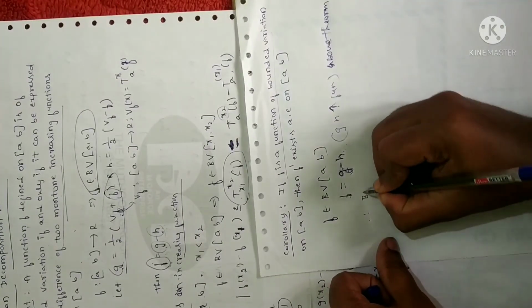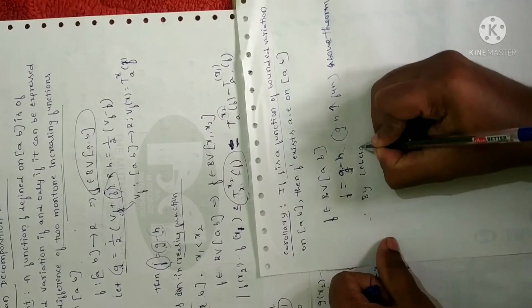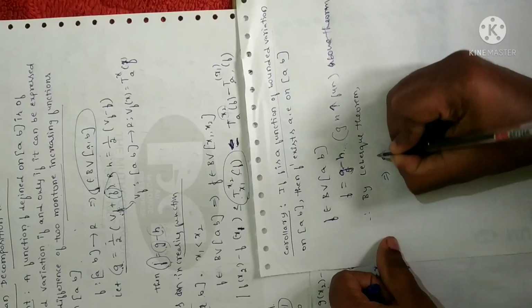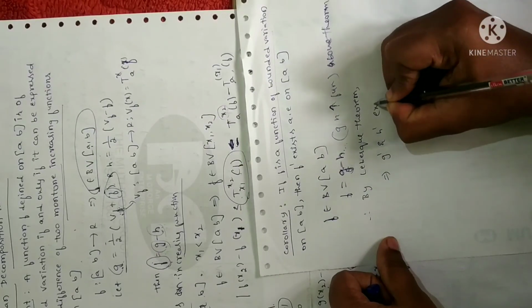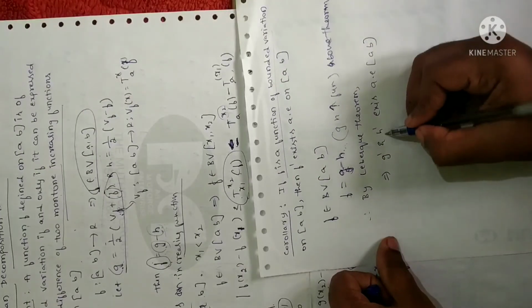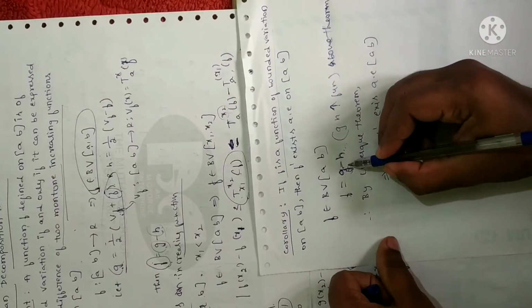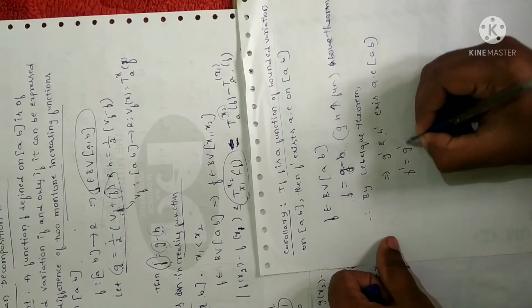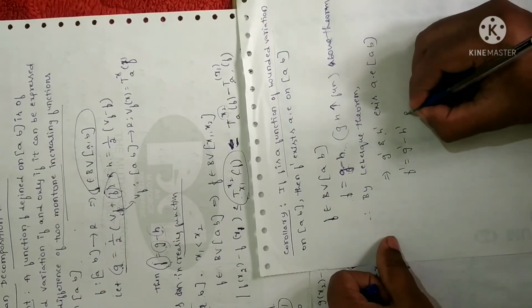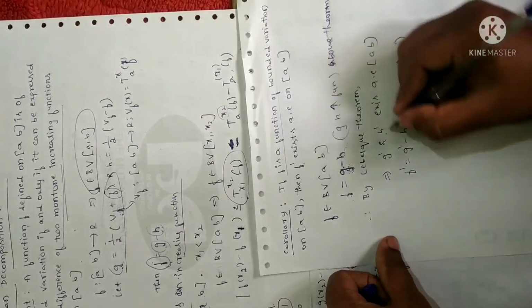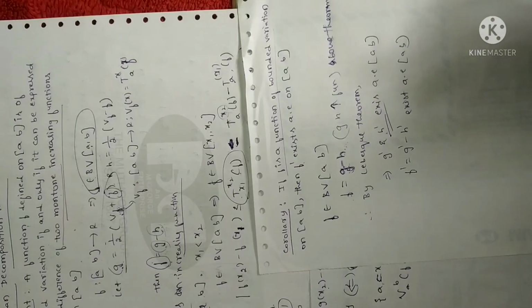Therefore, by the Lebesgue theorem, g dash and h dash exist almost everywhere on [a,b]. Since f can be expressed as the difference of g and h, I can write f dash as g dash minus h dash, which exists almost everywhere on [a,b]. That is what we required to prove. Hence the corollary. Hope it is clear for you.